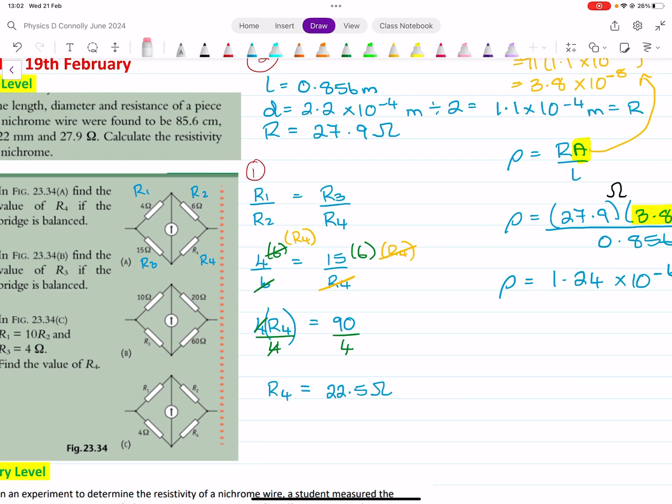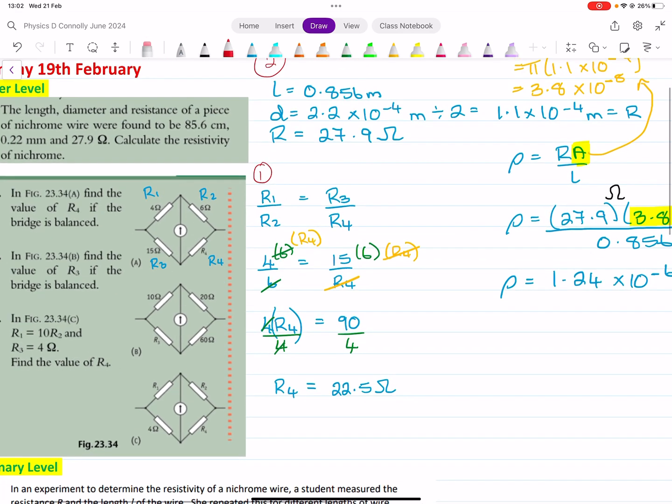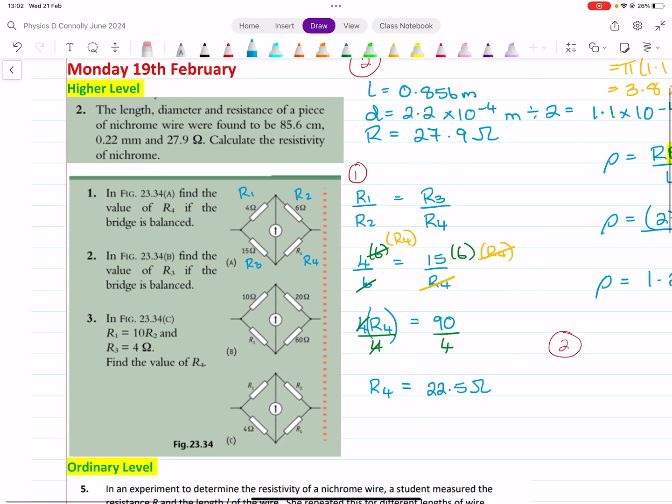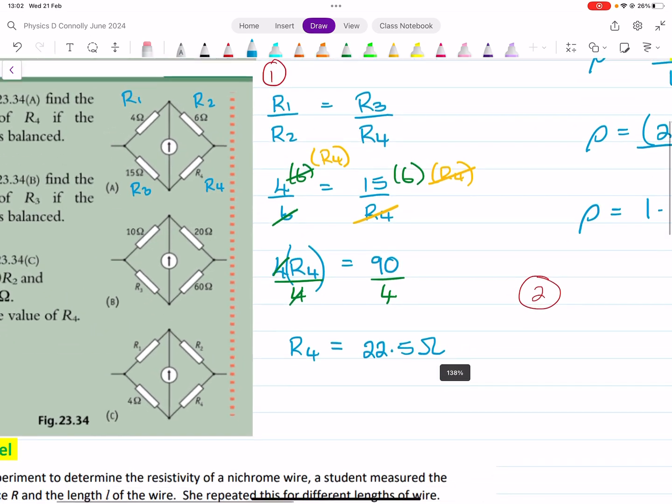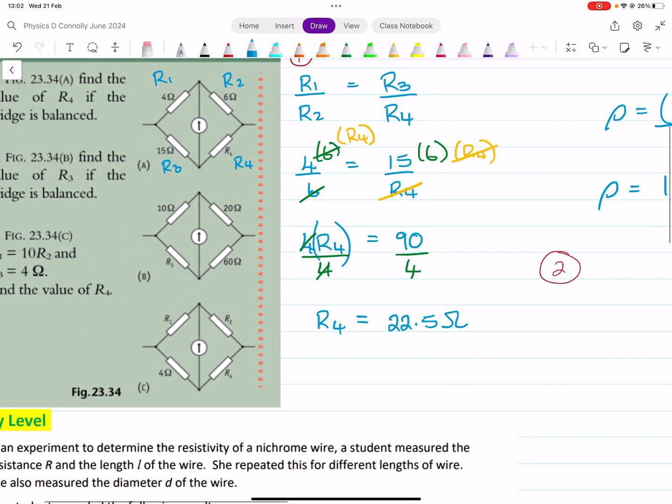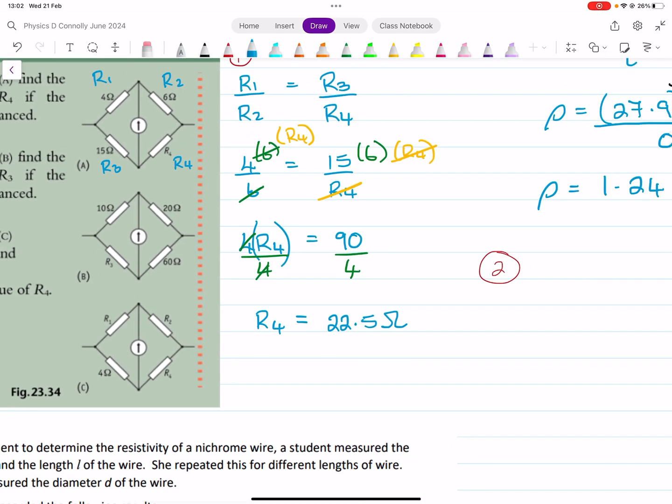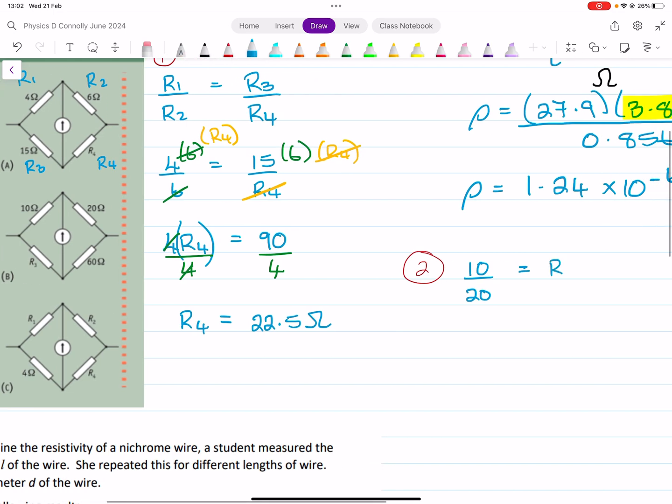Okay, question 2. All right, so same thing, except it's R3 we don't know. So R1 is 10 over R2 is 20 equals R3 over R4.